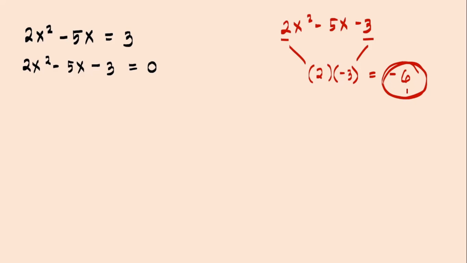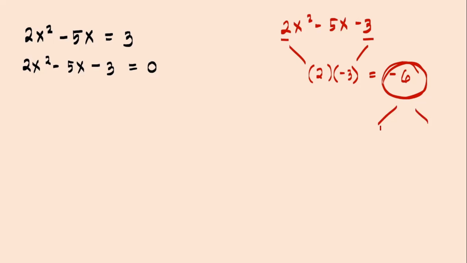Dalawang number na kapag pinag-multiply, ang sagot ay negative 6 at kapag pinag-add, ang sagot ay negative 5. Okay, 2 and negative 3. So yes, that is negative 6, but then 2 plus negative 3, is it negative 5? Okay, so no, because 2 plus negative 3, that is negative 1. So hindi siya pasok. Okay, so another factors of negative 6.